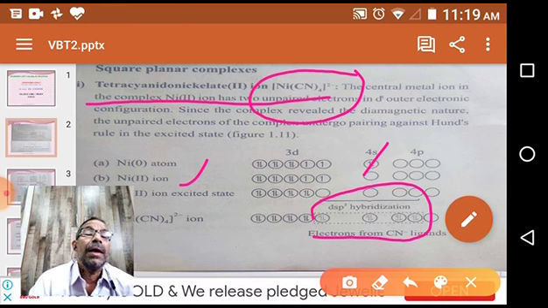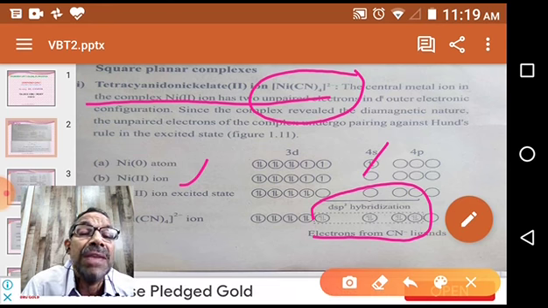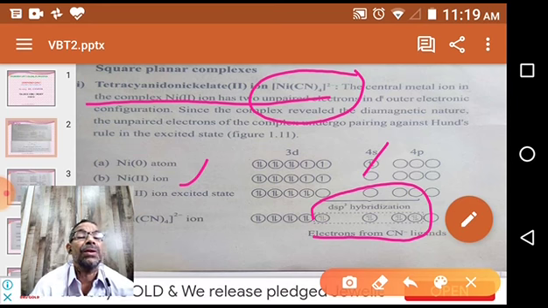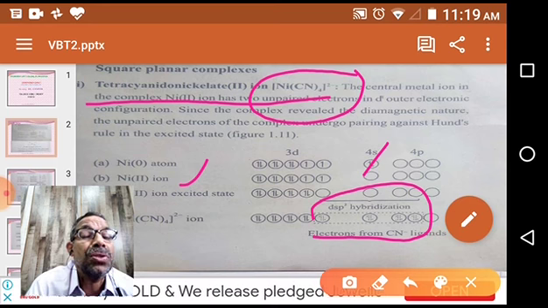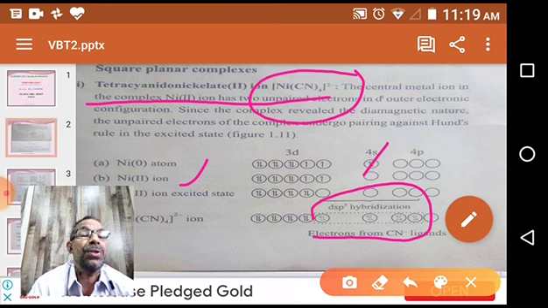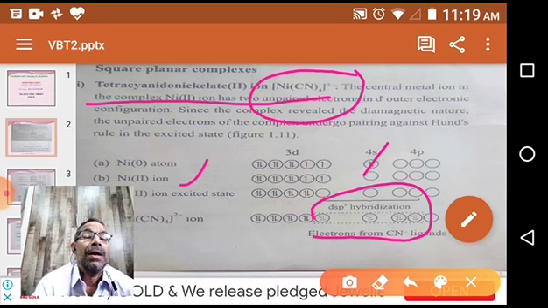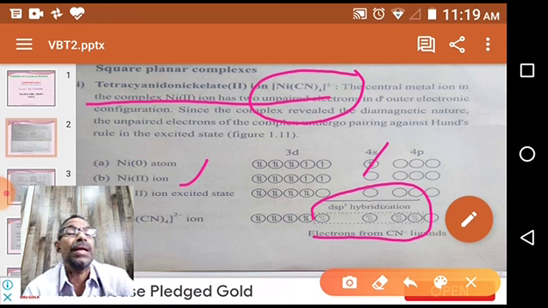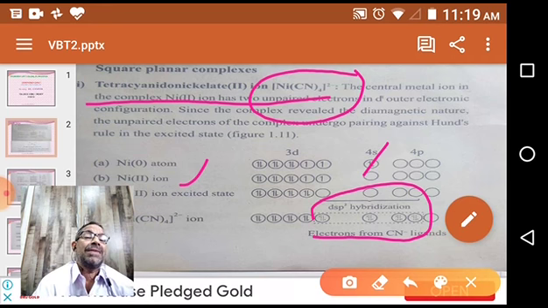That means filled orbitals of the 4 cyanide ligands interact with vacant hybridized dsp2 orbitals of nickel 2+. Due to this, 4 coordination bonds form. Due to this dsp2 hybridization, this complex exhibits square planar geometry.